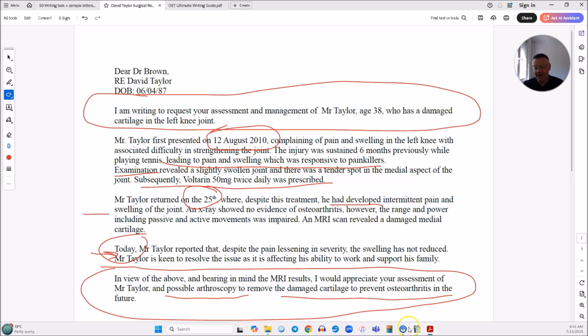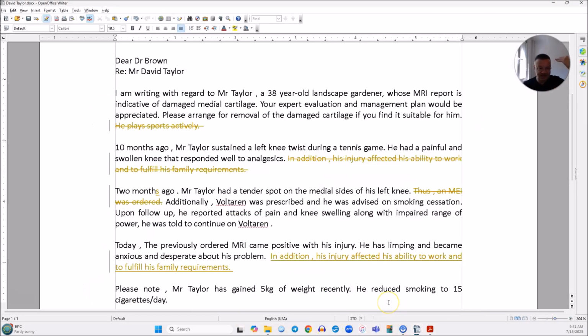That's basically why, so the reader knows exactly what is going on. So 10 months ago, 2 months ago, now when was this? Because he came today. Impaired range of movement. He was told to continue. The patient became positive with his injury. He has limping, or he is limping, or he has a limp.